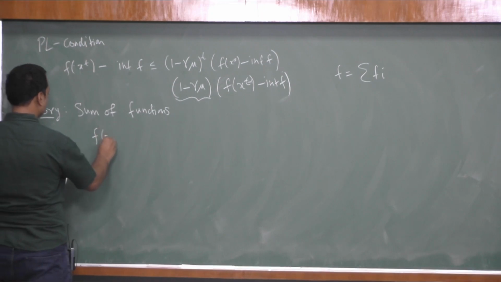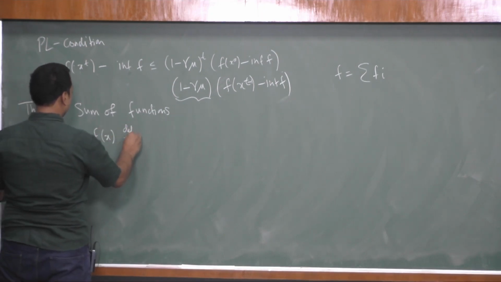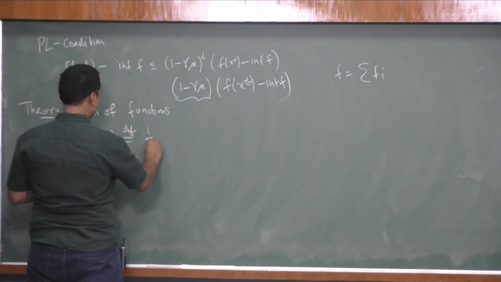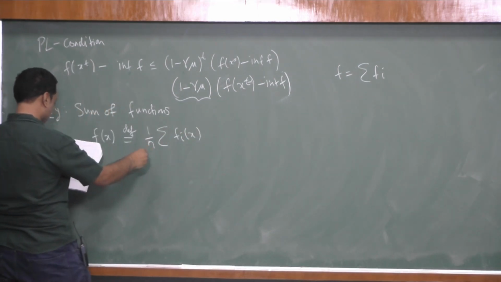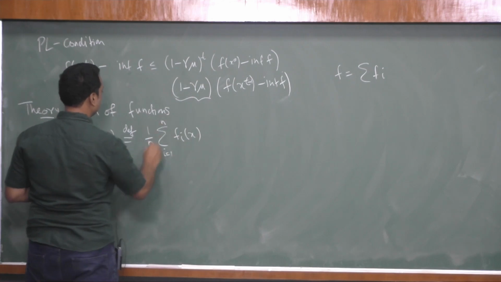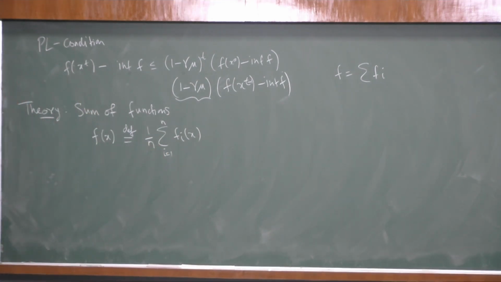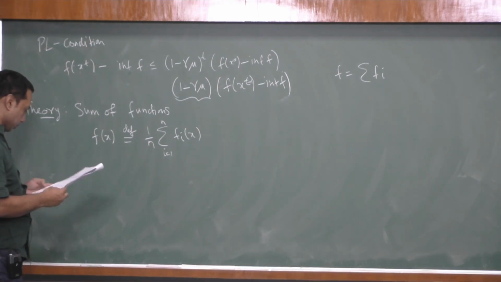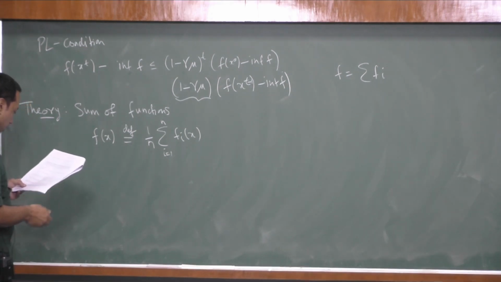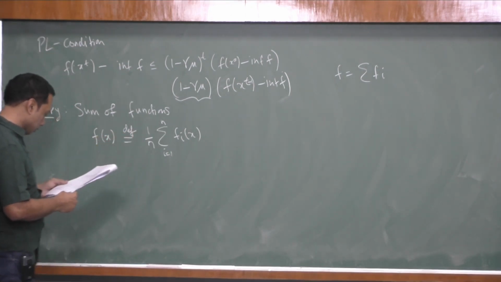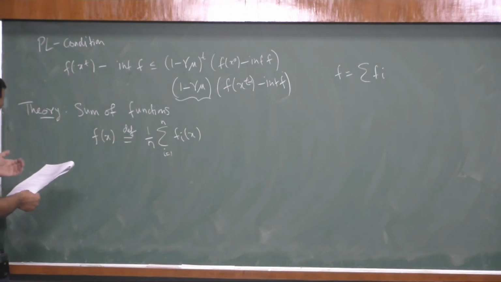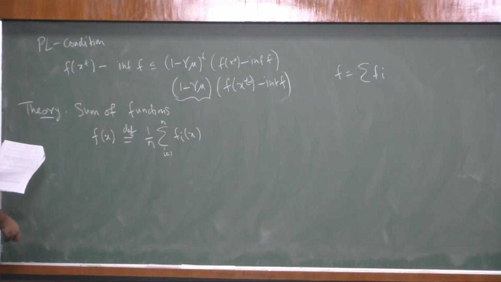We defined this in the last class: f is 1 over n times the sum of the f_i(x). We also normalize this a little bit with 1 by n, and we call functions of this form sum of functions. It could be a sum of convex functions, and a sum of L max smooth functions also.